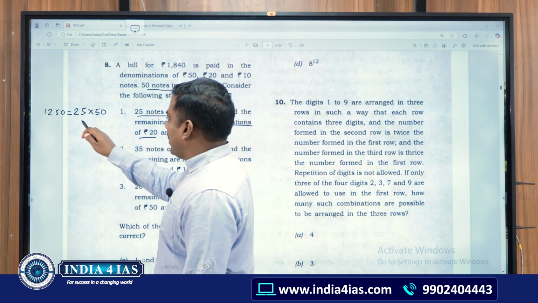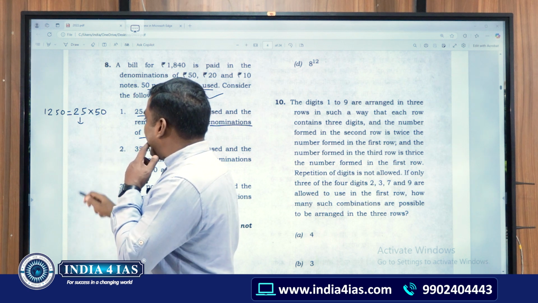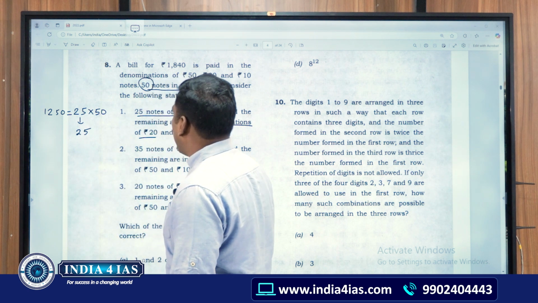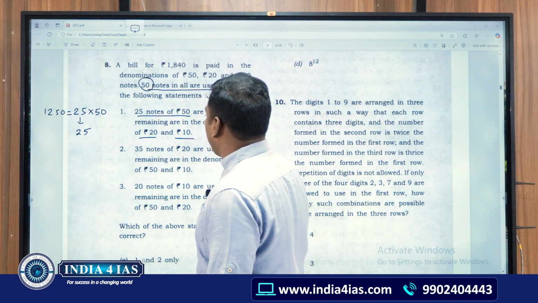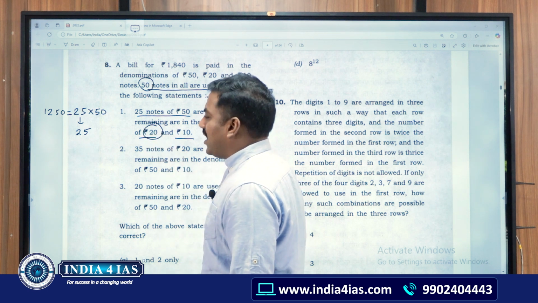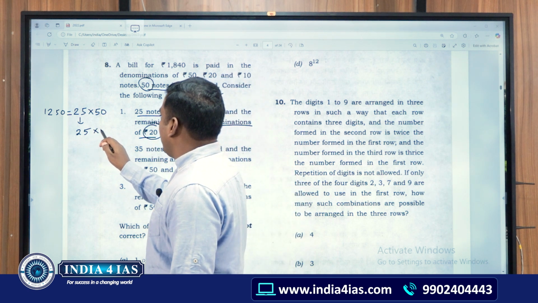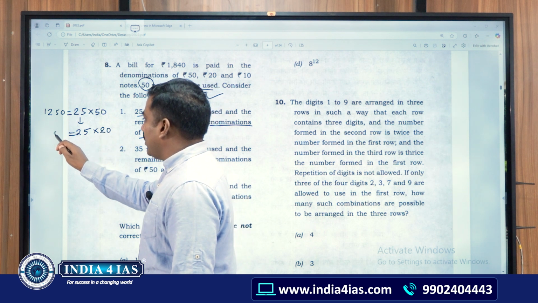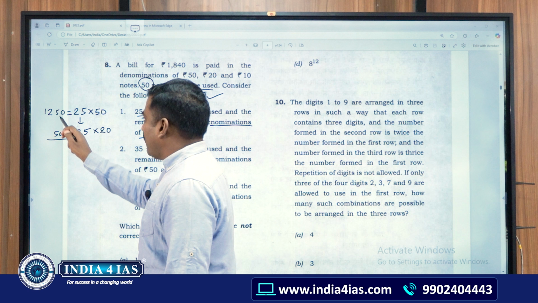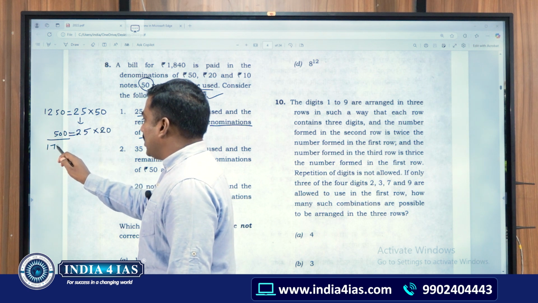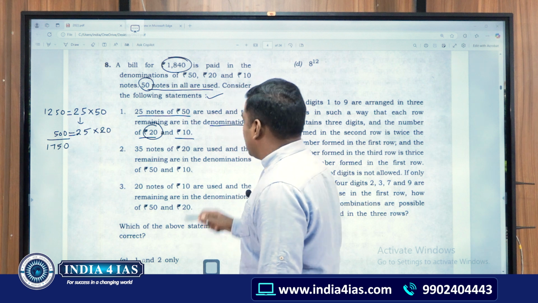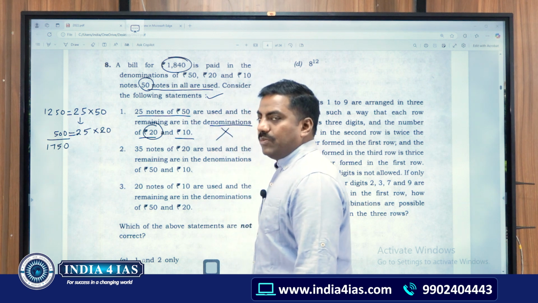So already 25 notes are used. I need another 25 notes to be used because I can use only 50 notes. And the maximum that I will try to use is 20 only because these are bigger denominations. 25 into 20 is 500. So 1,250 is already paid plus 500, it will be 1,750. But I need 1,840. So this will not be possible.